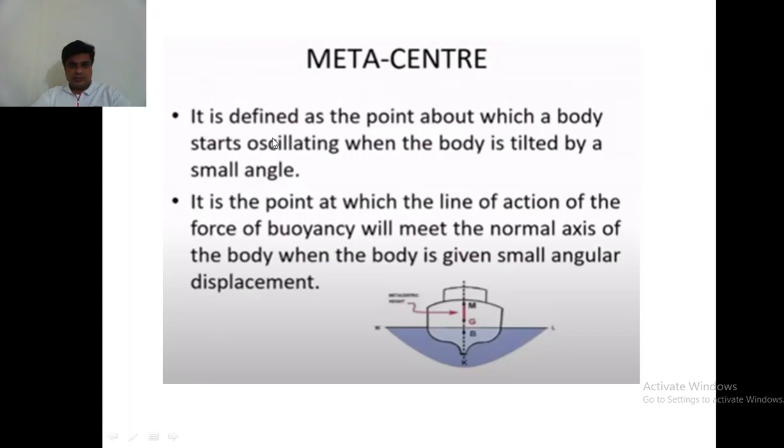So I just told you that it is a point about which a body will start oscillating. So point M is there, the object is here, it will be oscillating, it will be pivoting from the center here. That center is called the metacenter, and it is the point at which the line of action of the force of buoyancy will meet the normal axis of the body when the body is given a small angular displacement.